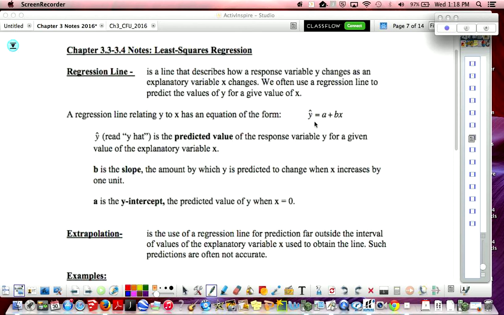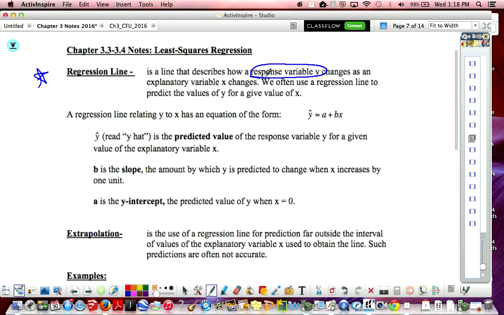So the equation to a line of best fit is sometimes called a regression line. It's basically a line that we use to find a response variable when given an x variable. So how does that y change at any given x?